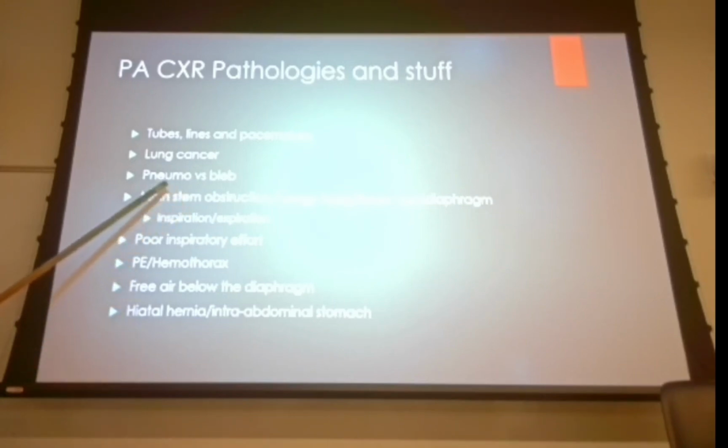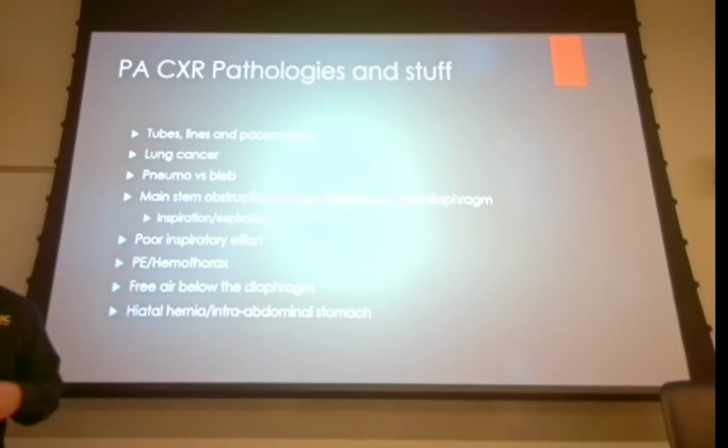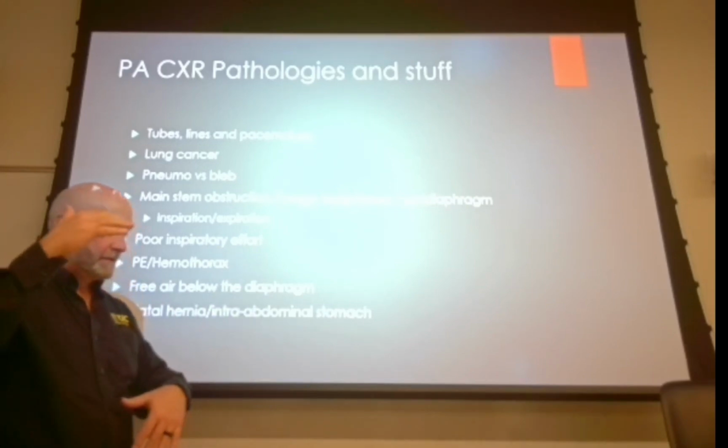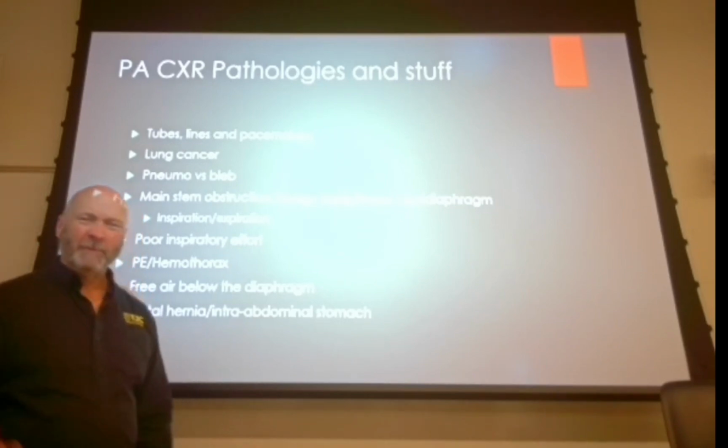So we do have something that looks kind of like a pneumothorax, but it's what we refer to as a bleb. And a bleb is a hyperinflated alveolar sac. So it differs from emphysema. Didn't we talk about that last week?